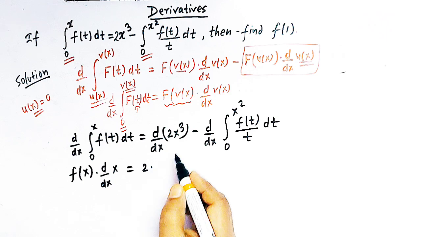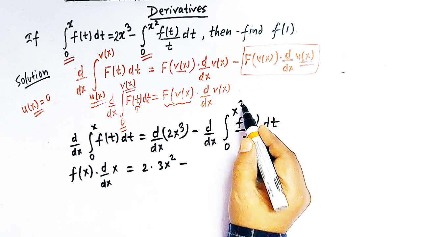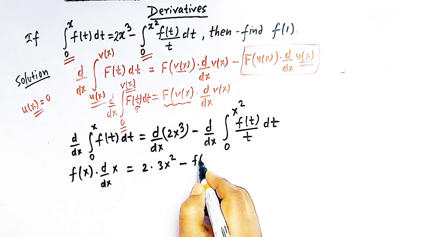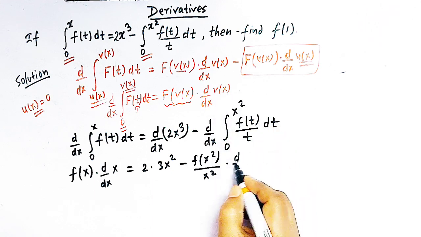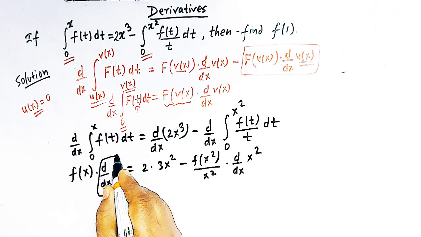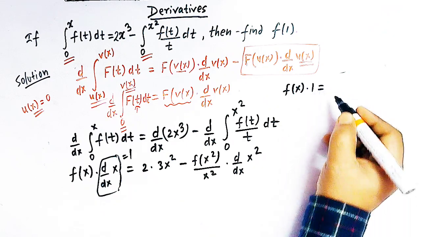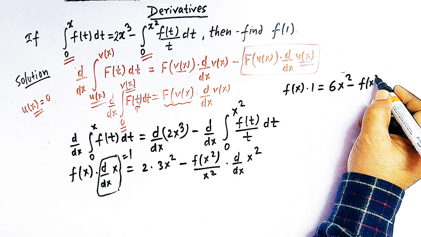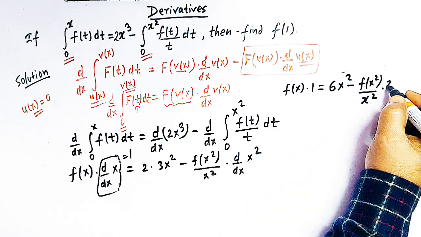And here we have 2 and the derivative of x³ is 3x², and here v(x) is now x², so we'll replace all these t's by x², that is f(x²)/x², and then the derivative of v(x), so we have d/dx of x². Now this term is equal to 1, so we have simply f(x) multiplied with 1, then 3 times 2 is 6, so 6x², and here we have f(x²)/x², and the derivative of x² with respect to x is simply 2x.